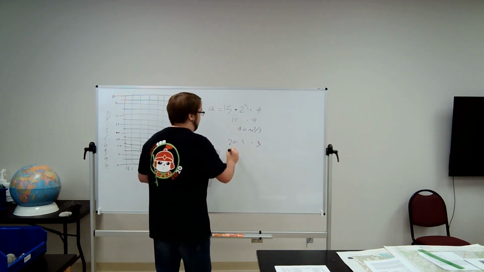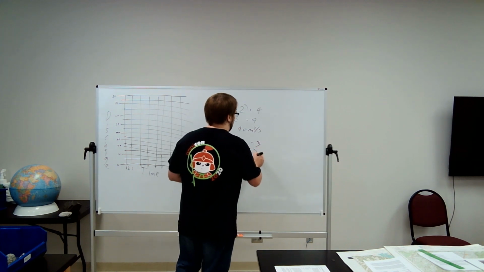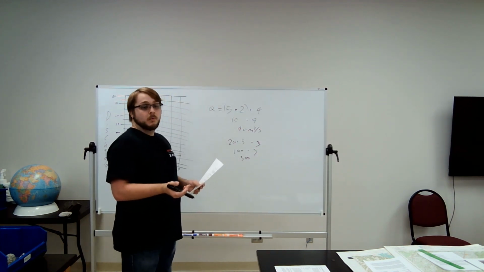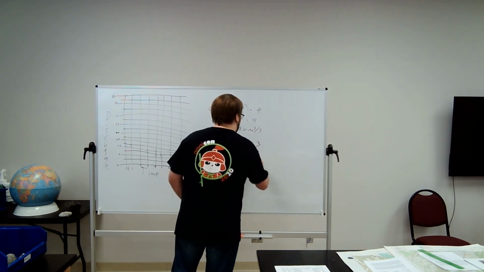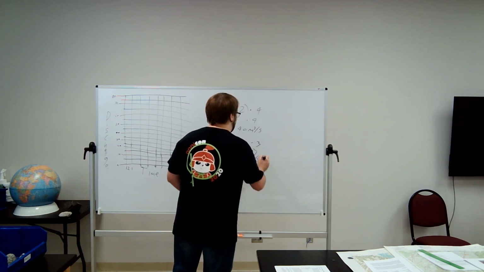So 20 times 5 is 100, times 3 is 300. So this stream would have a discharge of 300 cubic feet per second.